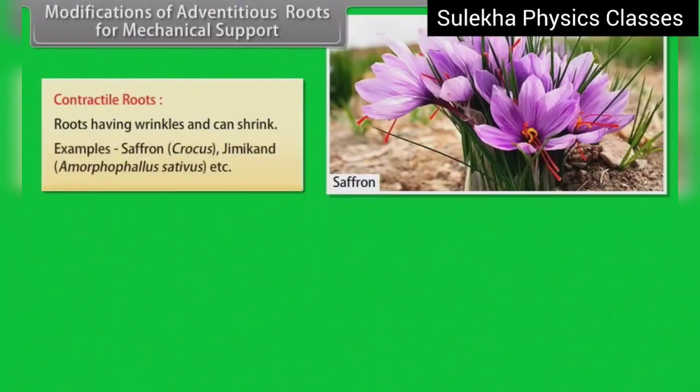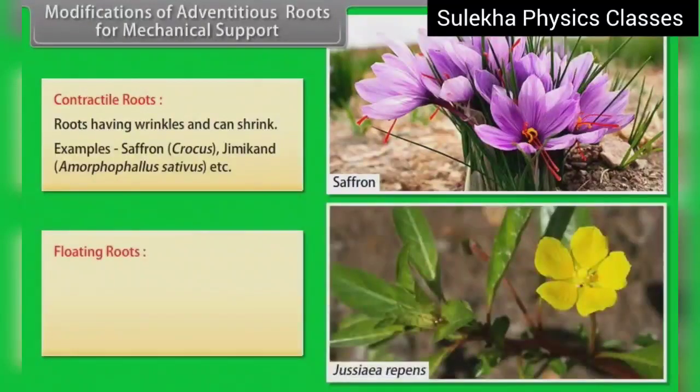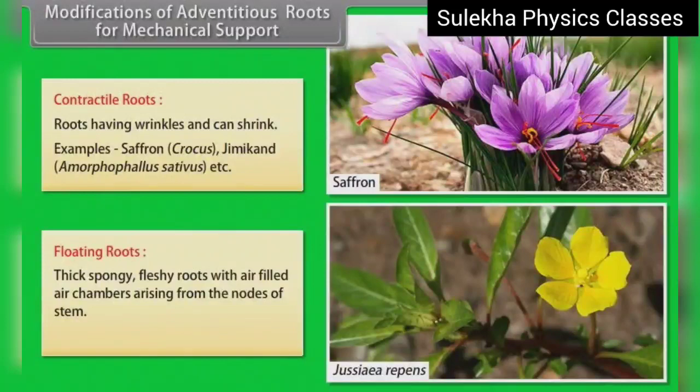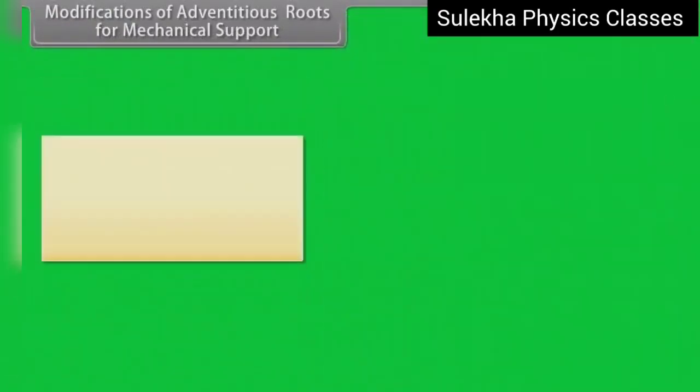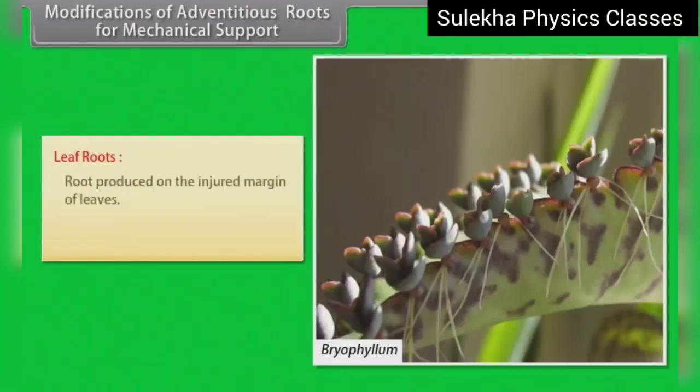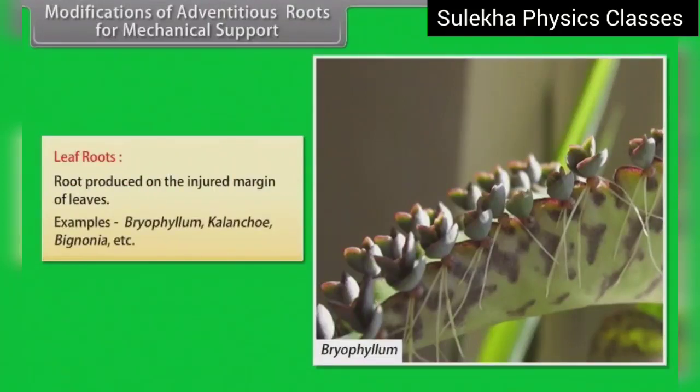Examples, saffron, jimsonweed, etc. Floating roots: thick, spongy, fleshy roots with air-filled chambers arising from the nodes of the stem. Example, Jussiaea repens. Leaf roots: roots produced on the injured margin of leaves. Examples, Bryophyllum, Bignonia, etc.